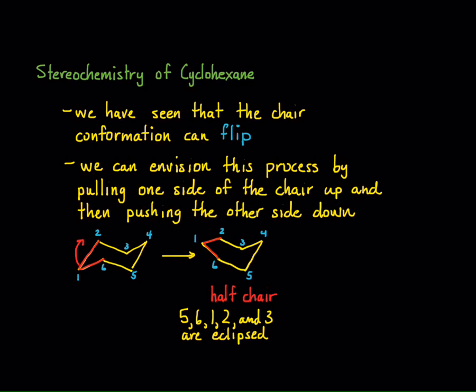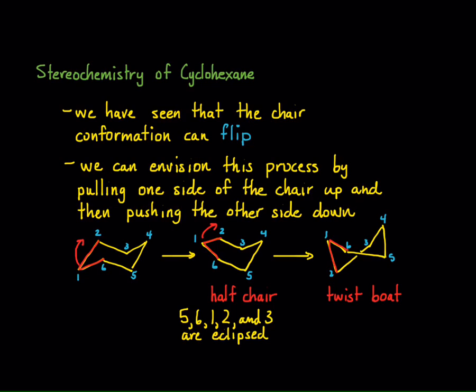But notice I'm going to keep going and push carbon number 1 up again, and when I do so, I get a new conformation. This conformation is called a twist boat. Notice I'm trying to keep track of all of the carbons, so I'm numbering the carbons as I go along. So now 1 is completely up.